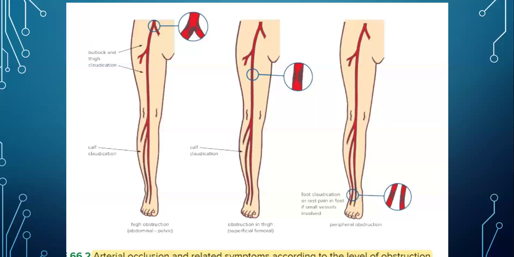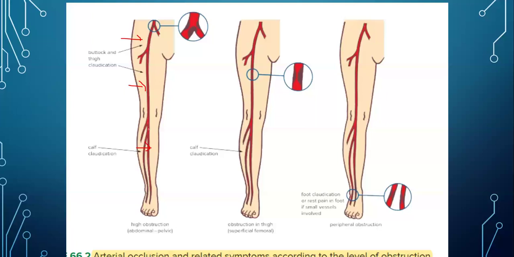So you can see here that arterial occlusion can happen in any part of the lower limb. It can happen in the high areas, the proximal iliac artery, or it can be obstructed in the femoral artery. Especially if it is a high obstruction, the pain will be felt in the buttock, thigh, and also the calf.